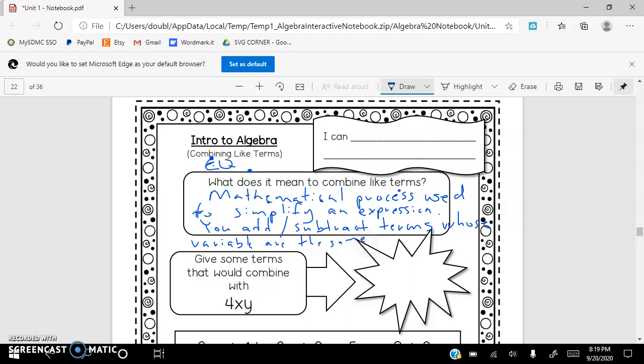Now, I couldn't fit all that in the box, but you can. So your I can is, you should be able to, after this lesson, simplify expressions by combining like terms.